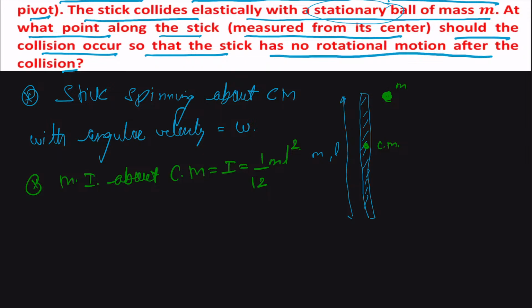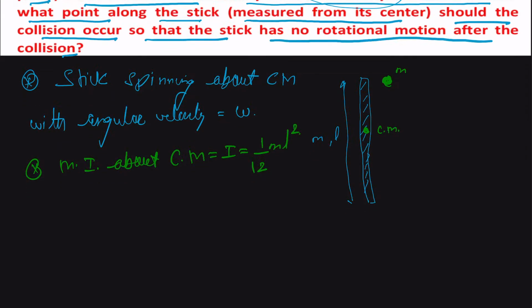And we assume that the elastic collision is at a distance d from the center of mass. Okay. So this distance is suppose d. Here let me redraw the ball, because let us suppose the ball is somewhere here, not the end of the rod, and its distance is d from the center of mass.